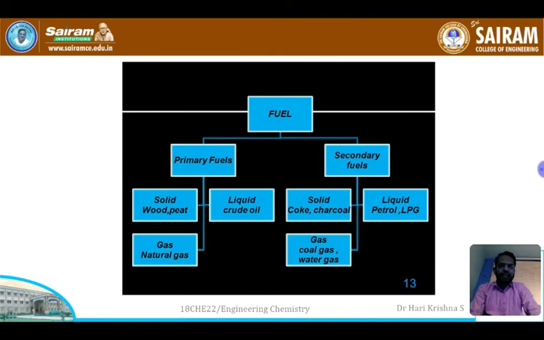Fuels are classified into primary fuels and secondary fuels. Primary fuels: solid, wood, peat; liquid, crude oil; gas, natural gas. These are examples of primary and secondary fuels. Secondary fuel examples: solid, coke, charcoal; liquid, petrol; LPG; gaseous, coal gas and water gas.